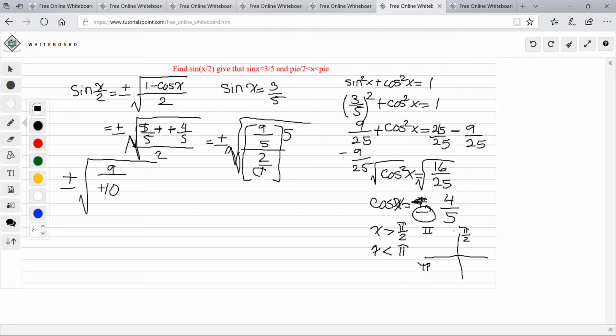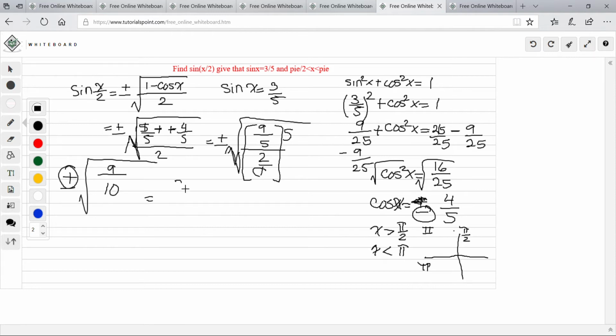We got to figure out, are we going to use positive or negative? Since we can only use quadrant 2, right? In quadrant 2, cosine is negative and the sine is positive, so sine is positive. We can only use positive. What is the square root of 9?